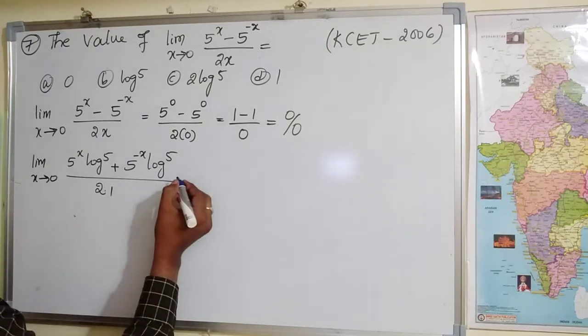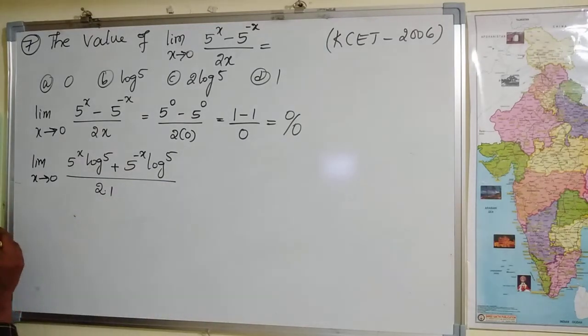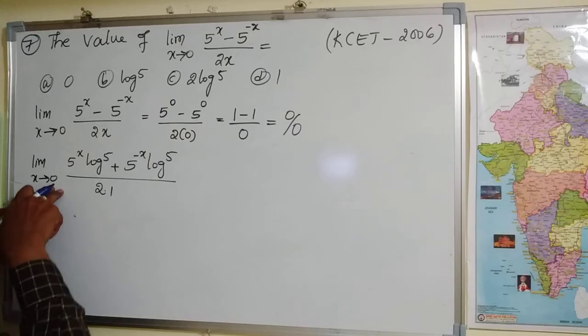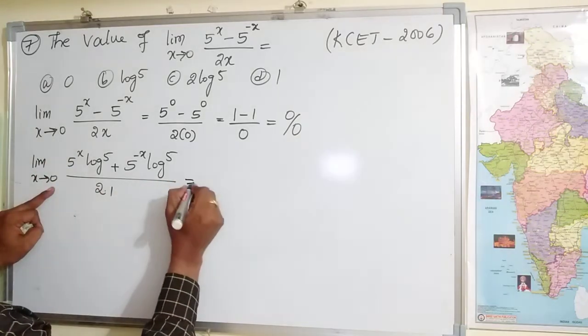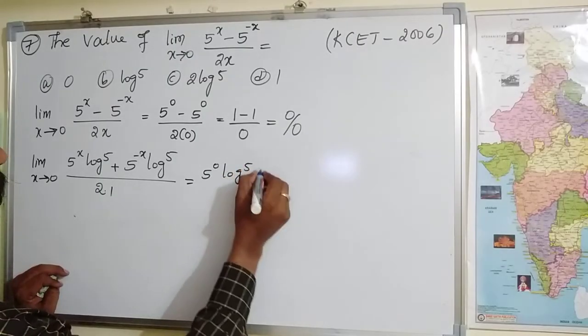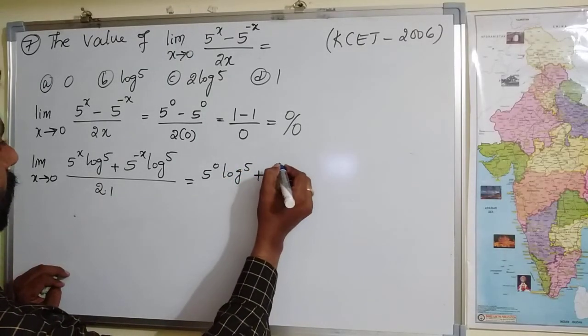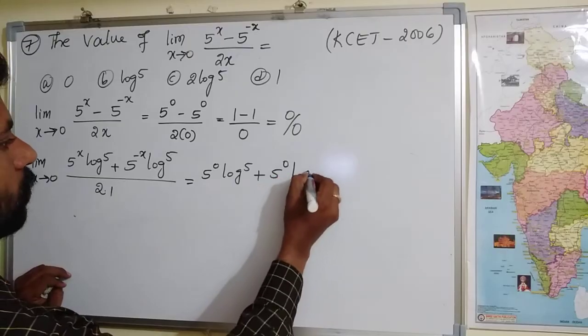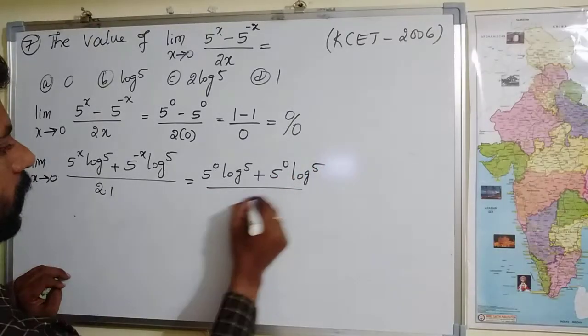See, here we substitute 0 in the place of x. We get the result 5 to the power 0 log 5 plus 5 to the power minus 0 log 5 divided by 2.